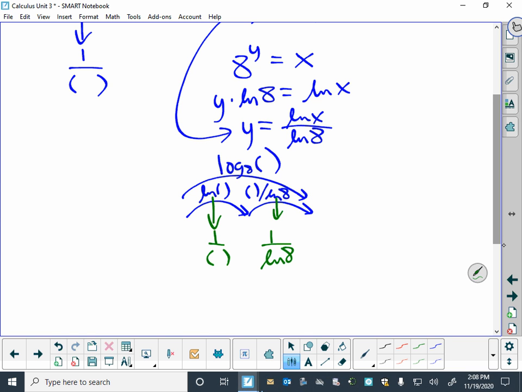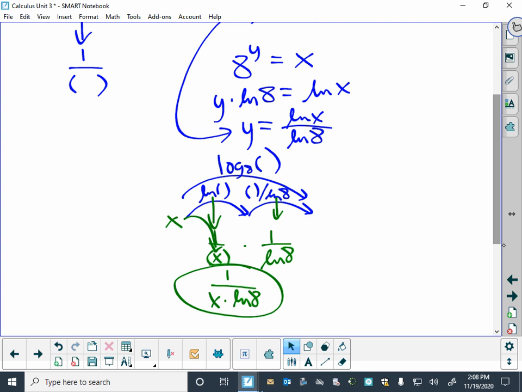And so our derivative, if we started here with an x, we get an x in there times 1 over natural log 8, and so this is 1 over x times the natural log of 8. I'll probably write it that way so I'm sure that I don't mistakenly assume that the x is inside the natural log. But this then is the derivative of the log base 8 of x.